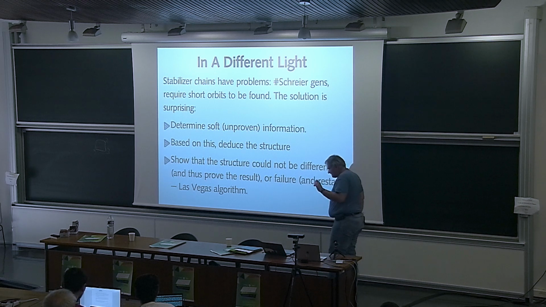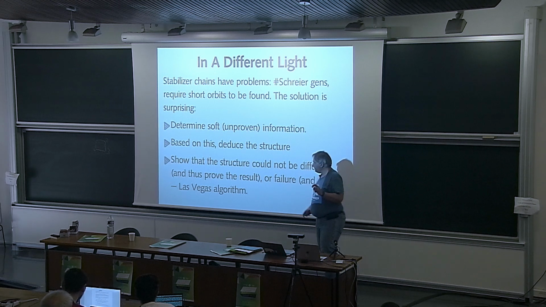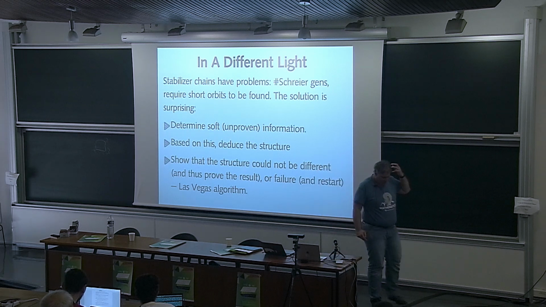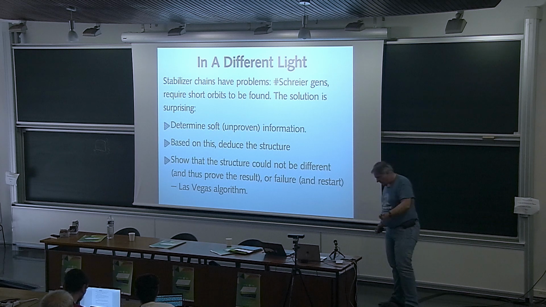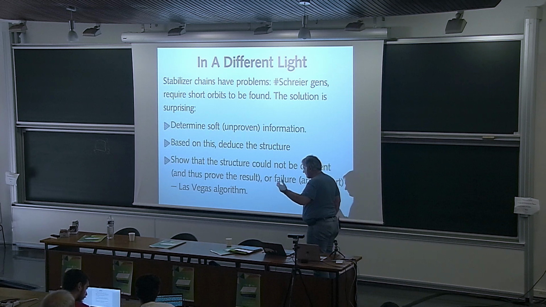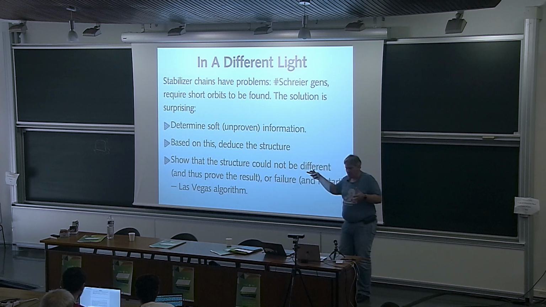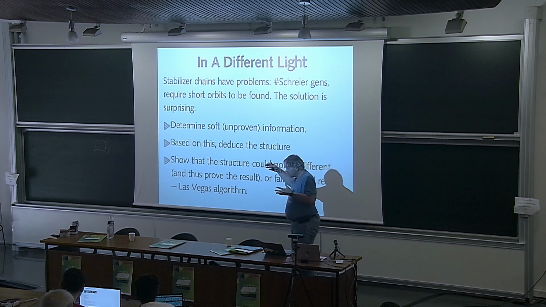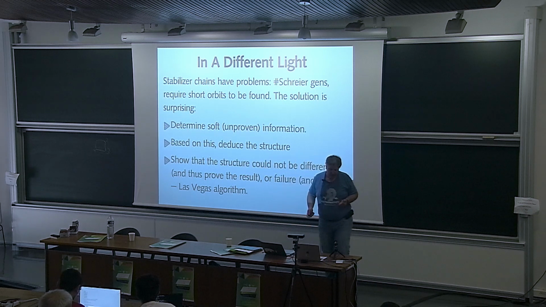But we are in a situation where we make first some random choices to calculate a structure, possibly wrong. We use that structure to determine the algebraic structure of the group. We try to make this algebraic structure fit the group as a group of permutations, say, or a group of matrices.